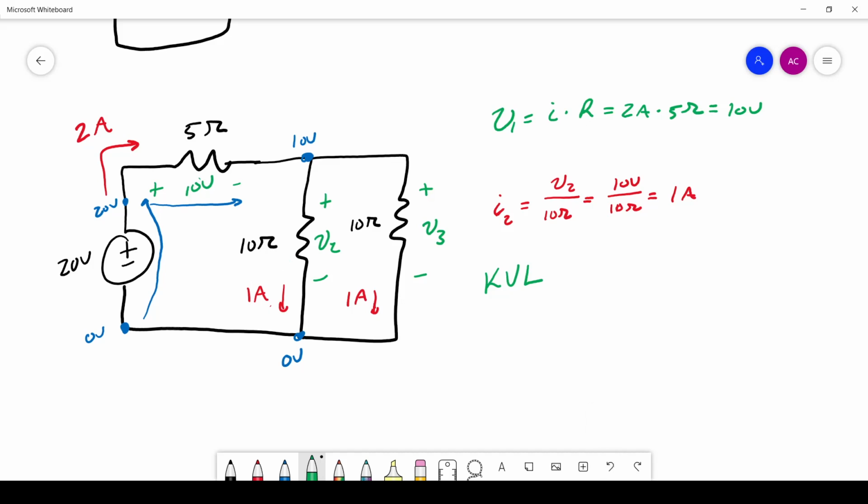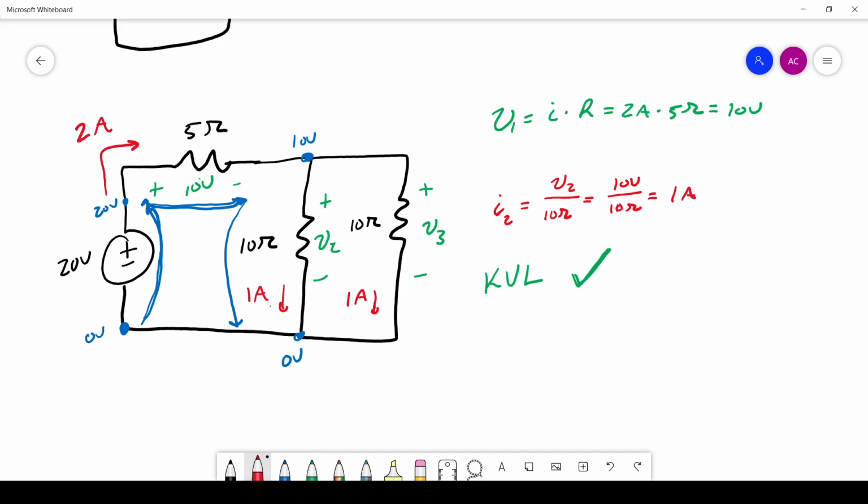If we again start from the bottom here, at 0 volts, we rise 20 volts, drop 10 volts, and then V2, we said it was 10 volts, so we drop here to 0 volts. So this inner loop is satisfied. If we do the same thing to the outer loop, we're going to find that it's also satisfied, so KVL is satisfied. That's our first hint that we're doing this right.